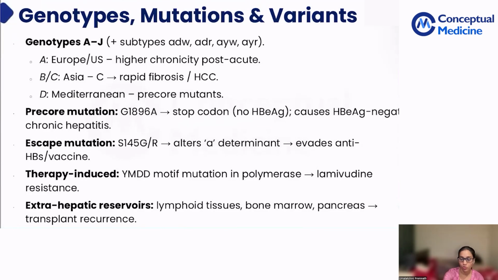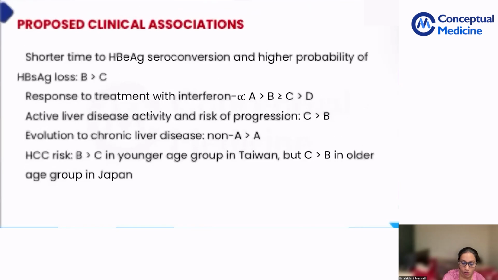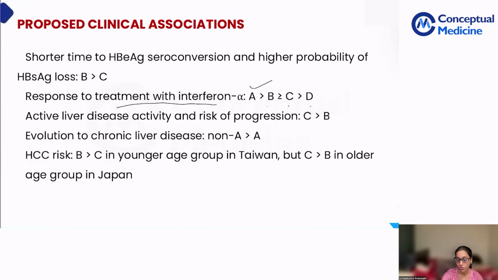So this is the order of response. A shorter time to loss of HBeAg with interferon treatment means the patient is recovering well. So genotype A responds best, B responds after that, then C, then D. This was the order of response to interferon. Similarly, chronic hepatitis B was usually seen in non-A genotypes.